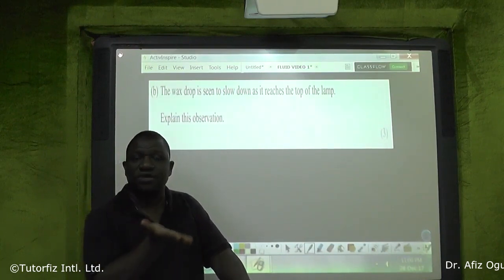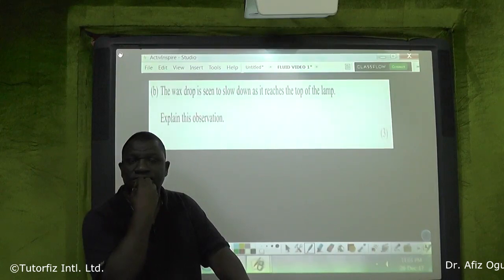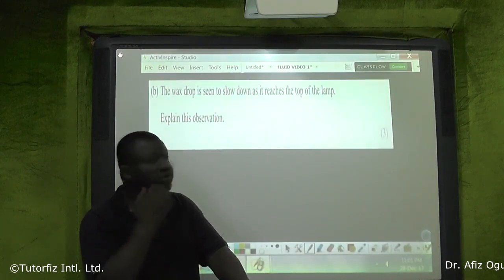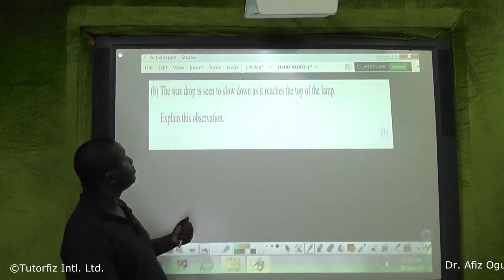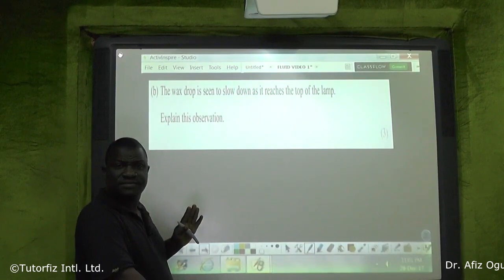Upthrust is reducing gradually, not just once, so it slows down. Temperature decreases, it reduces in volume, it displaces less fluid, so the weight of the displaced fluid, which is upthrust, reduces, so it has to slow down. You get that? The temperature causes the whole thing.